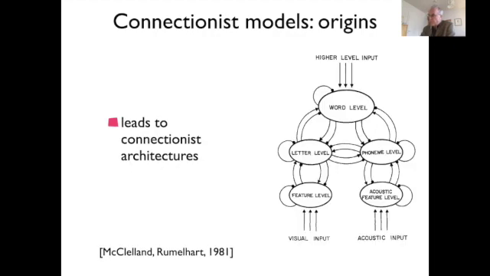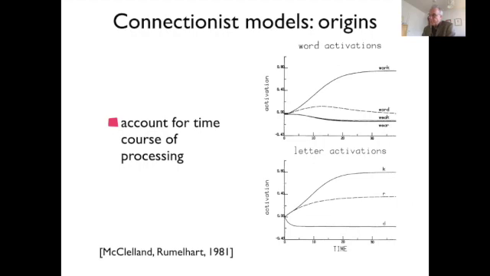And so when you do that, then you come up with cognitive architectures. Rather than having these fixed boxes, now you have clouds of neurons, and these clouds are supposed to represent different levels of representation, like words and letters and features, as I just showed you. The other aspect is, what do they actually account for? When they accounted for processing, it was actually the same thing.